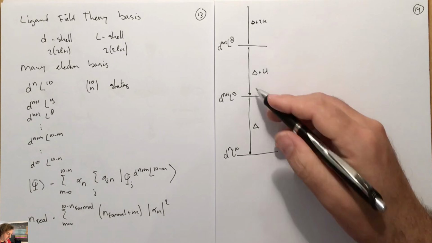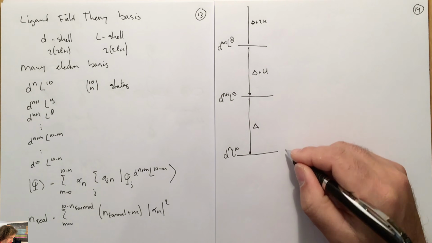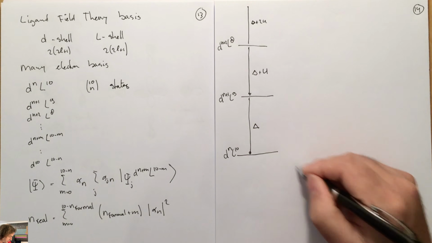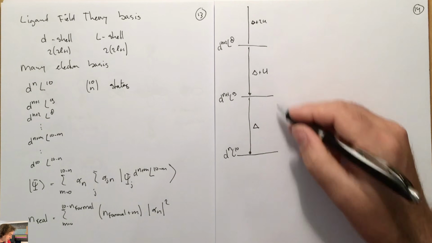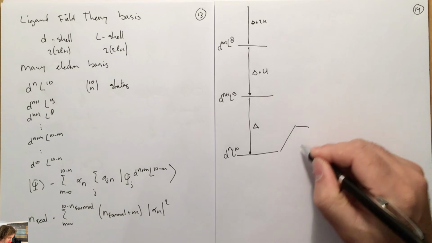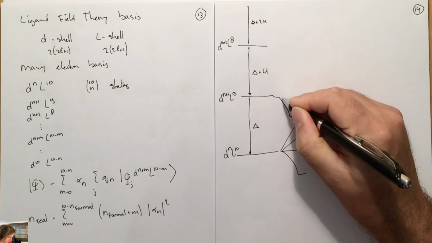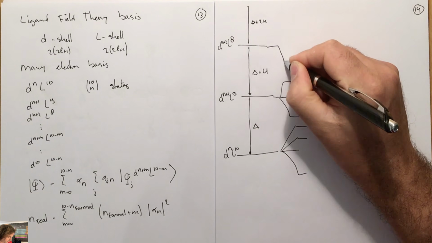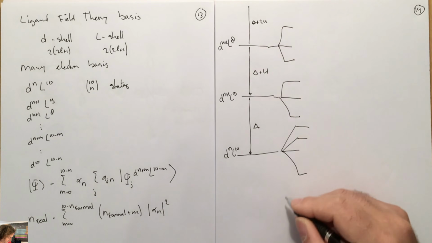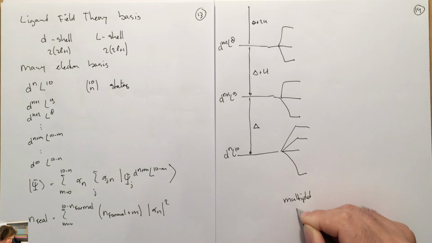Now when you include the interaction between the configurations, you will find that you have level repulsion, so the lower levels will go down and the next levels will go up. First of all, you have the multiplet splitting.